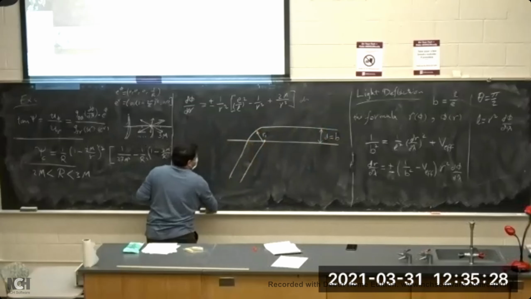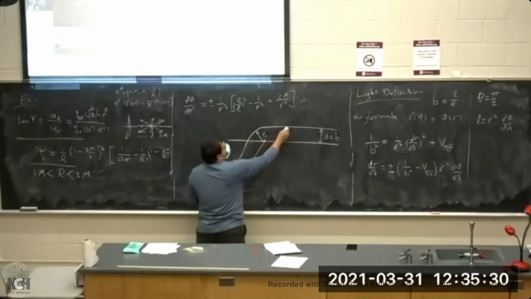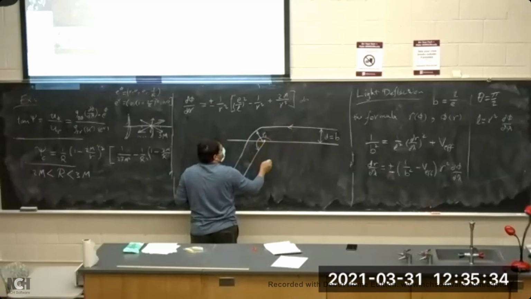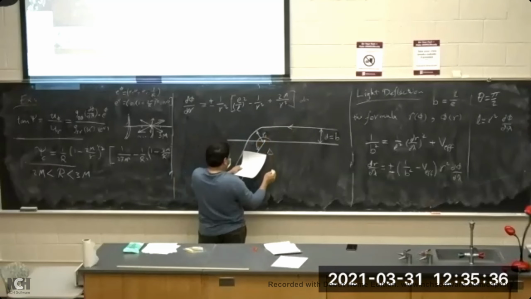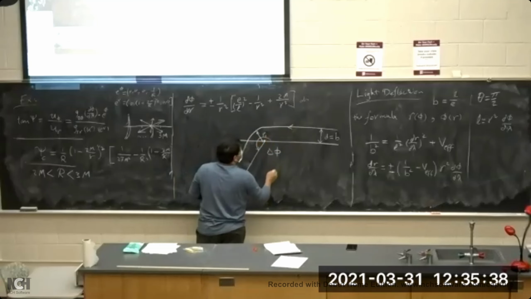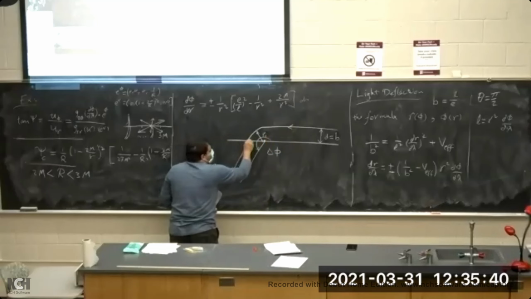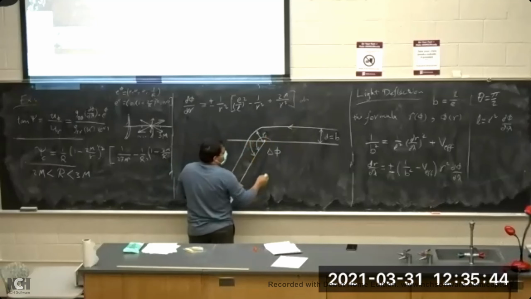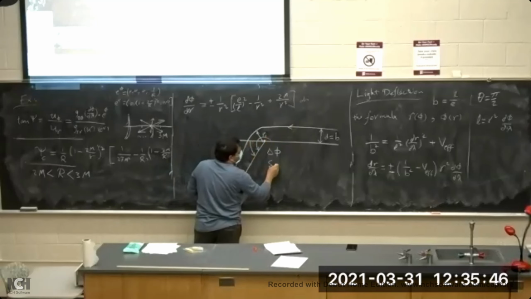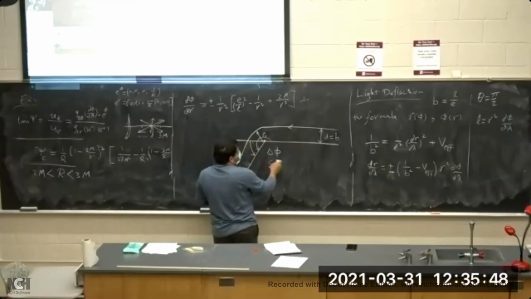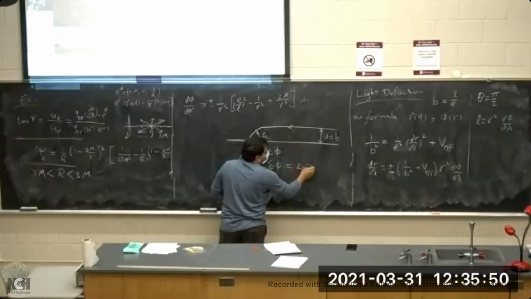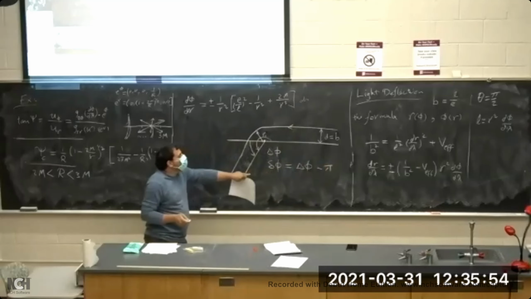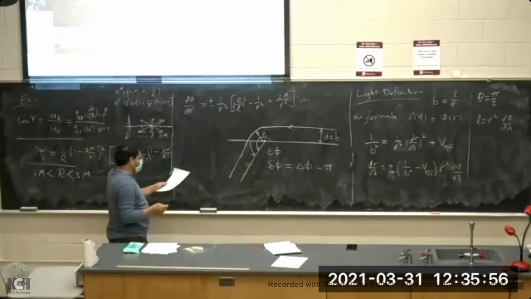The light ray will change its direction by this angle. Let us name it delta phi. And we have this angle, we can name it small delta phi, which is equal to capital delta phi minus pi. We need to find this phi, which is the deflection angle.